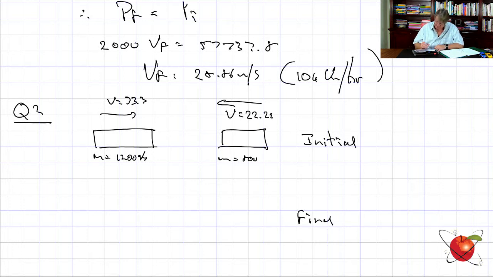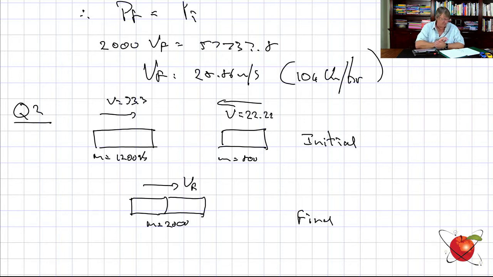So I say, right, the final, it says the wreck moves off, all right? Let us say that this goes this way, that goes that way. So therefore my mass now is going to be 2,000, and I assume that velocity final is in that direction, okay? But let's say we choose the opposite way, just to make life difficult.